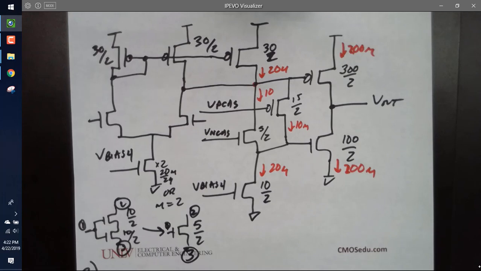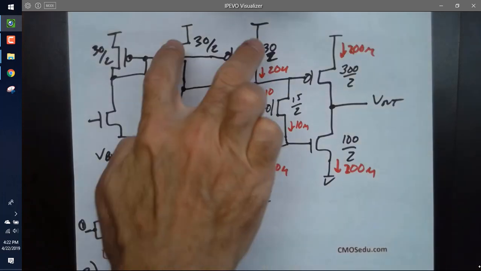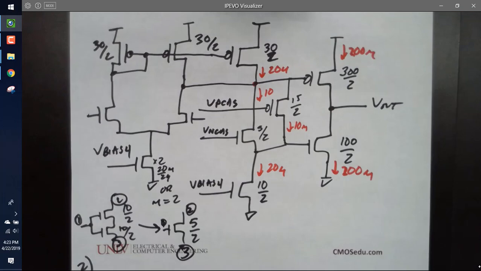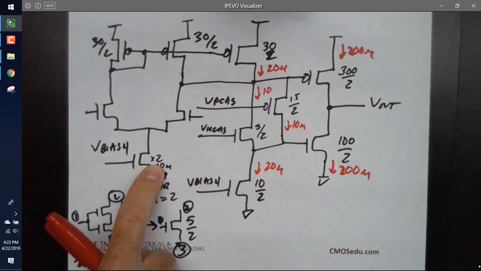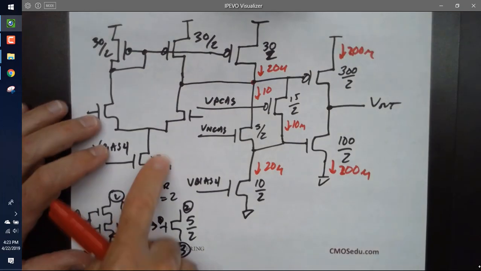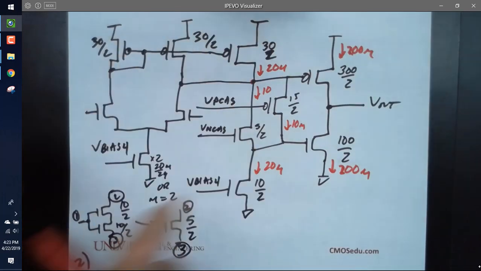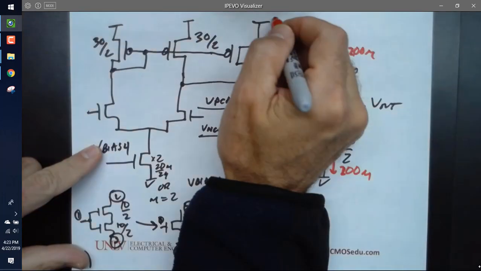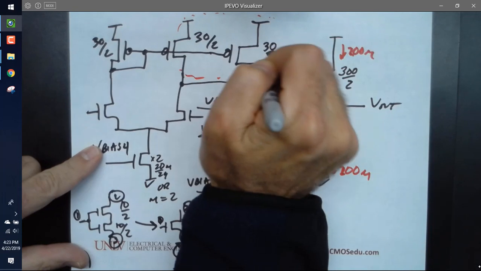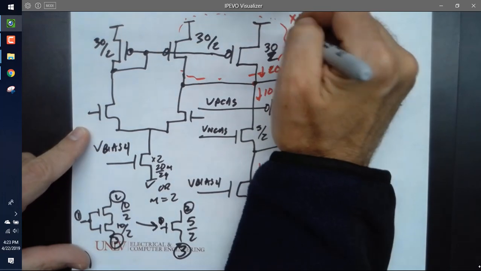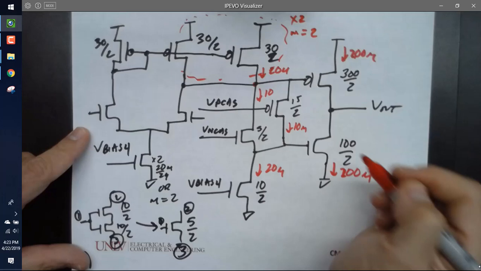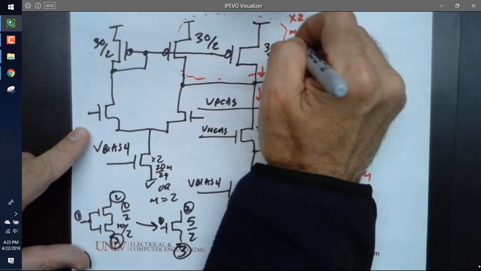Okay, so why did I put these two in parallel? Because it's the exact same as this, right? So this with ×2 is the exact same as this. So I could put up here, this is a ×2, or an M = 2, or a 60 by 2.